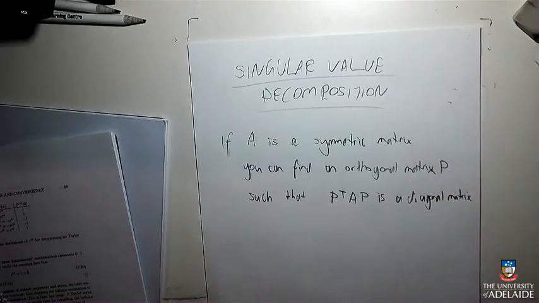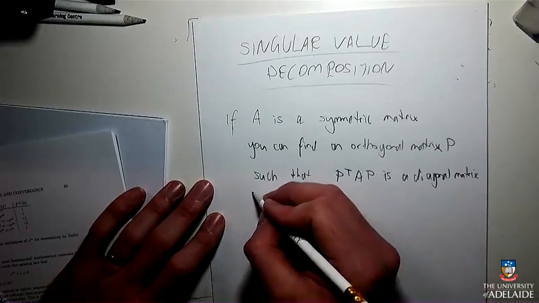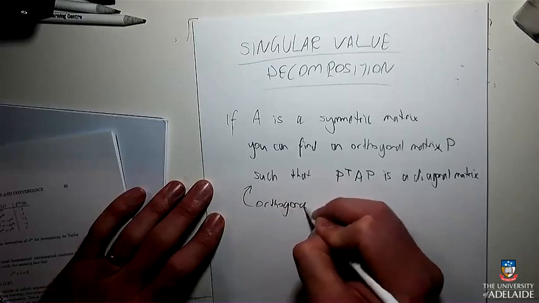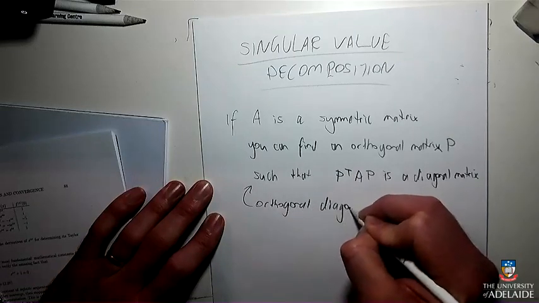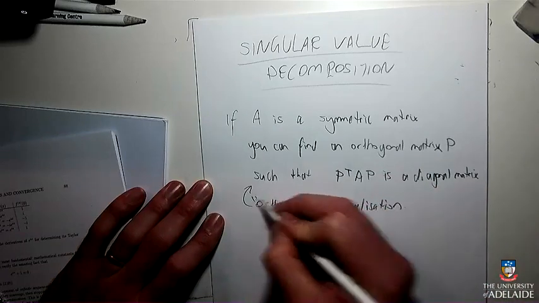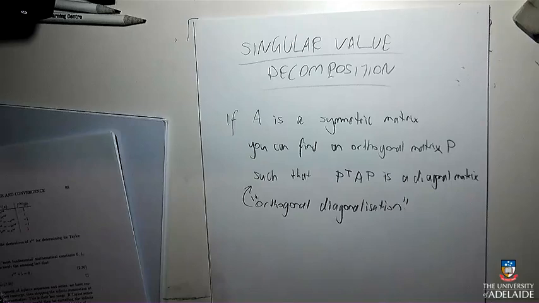And that's called orthogonal diagonalization. So that process of finding the P and figuring out what the diagonal matrix is called orthogonal diagonalization.